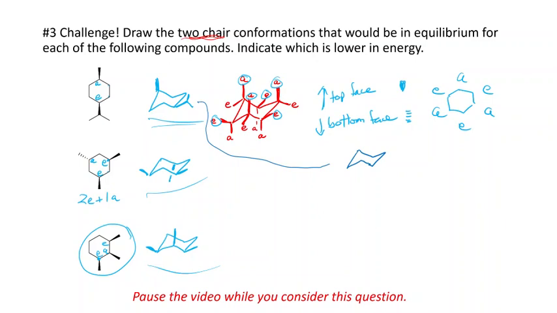So for example, see this isopropyl group here that's equatorial. Well, that carbon is this carbon over here, right? I shift over one position to the right and I draw that. It has to be axial because it's up. And I go 1, 2, 3, 4 carbons. 1, 2, 3, 4, and I draw an up.